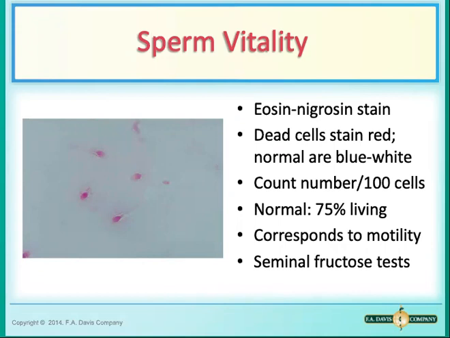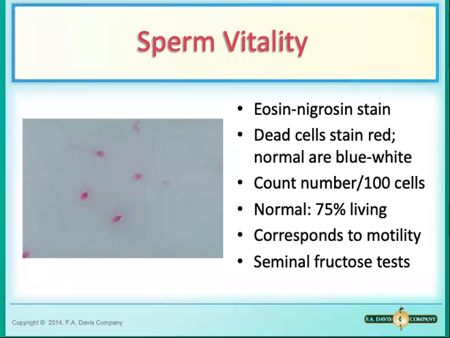You can also do a seminal fluid fructose test for the vitality. Sometimes a low concentration can be caused by the lack of support medium that is produced in the seminal vesicles, and that is indicated by fructose levels that could be low or absent in a particular sample.